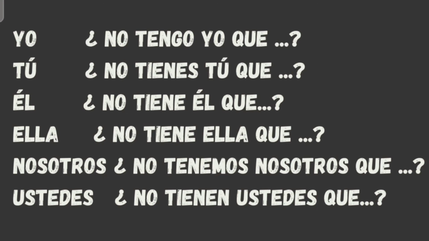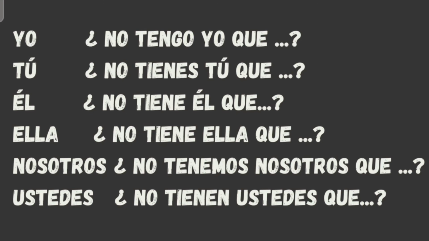First, we have to put the word no to deny, negative question, okay? No. And then after that, the verb to have conjugated. According to the personal pronoun I, the conjugation would be tengo. No tengo, and then after our verb to have, we have to put the personal pronoun we're going to use.